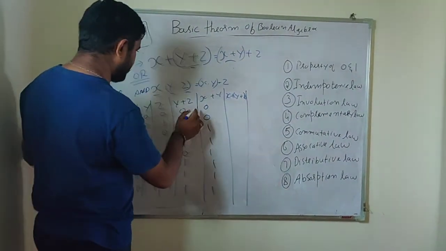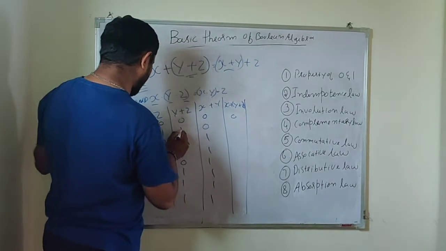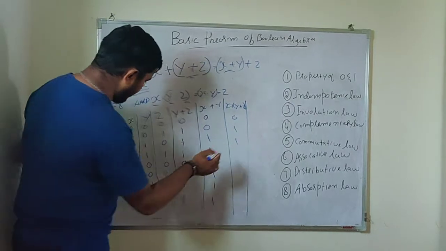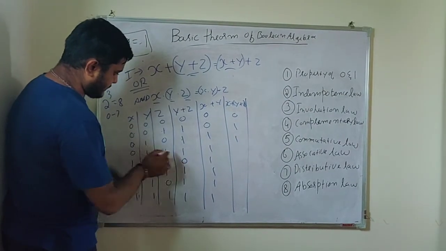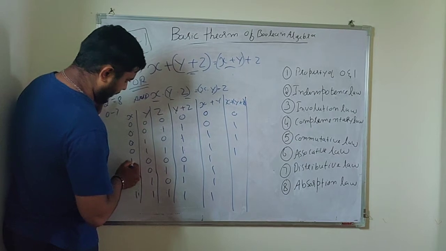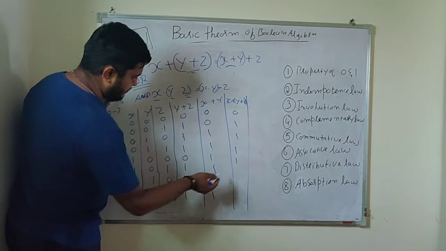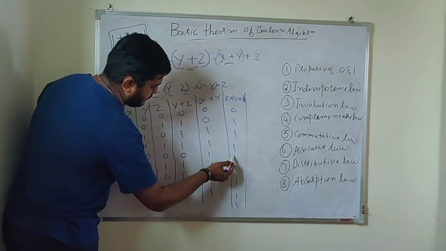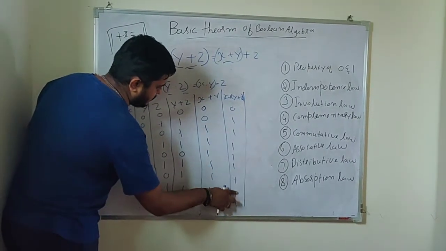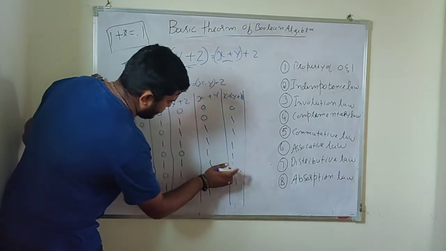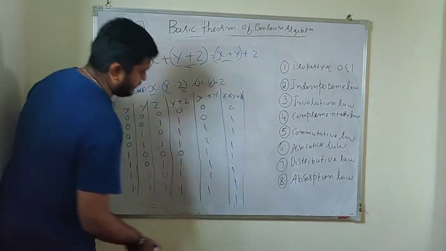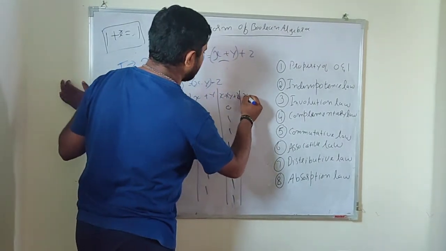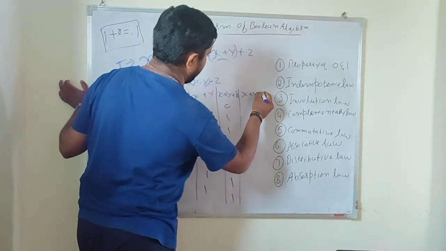What has happened? 0 plus 0 is 0, 1 plus 0 is 1, 1 plus 0 is 1, 0 plus 1 is 1, 1 plus 0 is 1, 1 plus 1 is 1, and 1, 1 and 1. Next you should add, lastly, x plus y plus z.